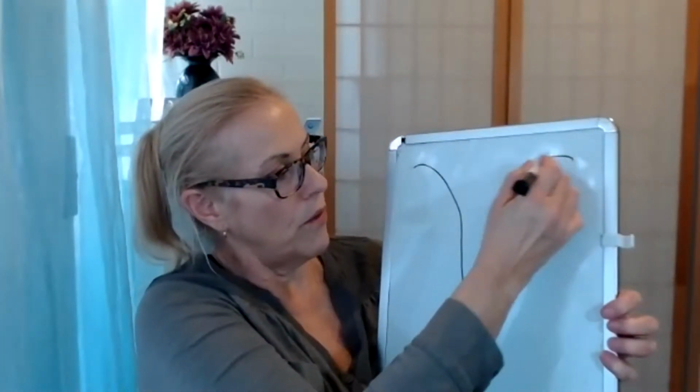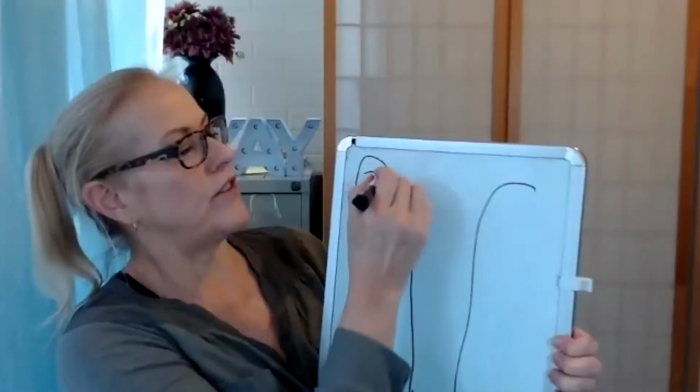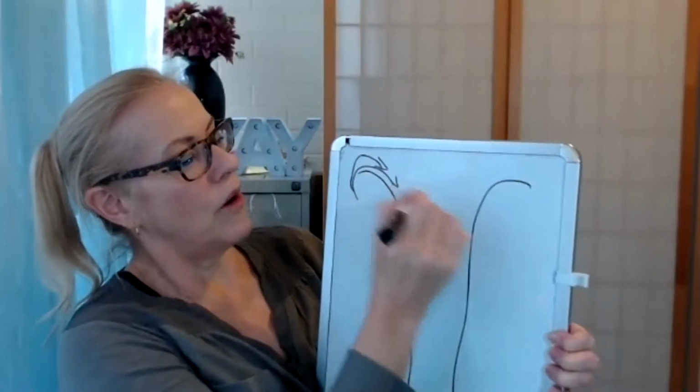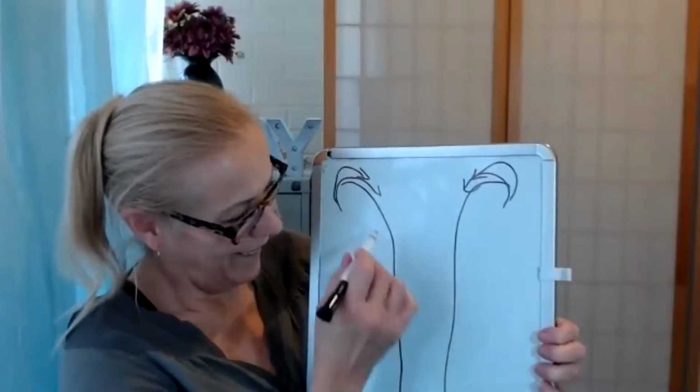I always draw this, and it always looks like a uterus to me. It does actually. Which is funny, good old sales. They all drop in the top, and then they pop out here. That's very funny.